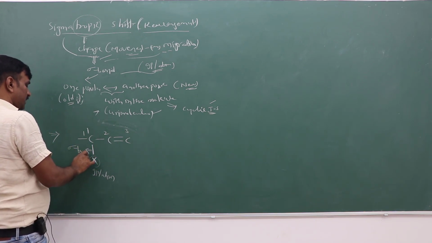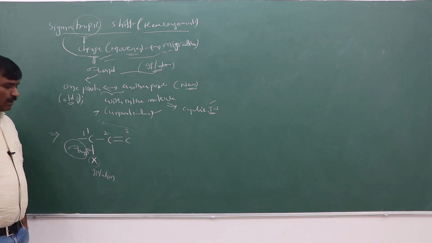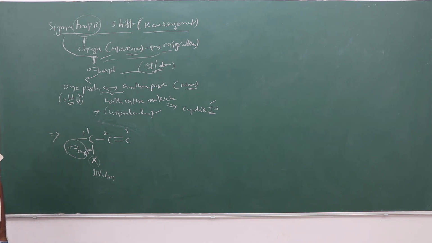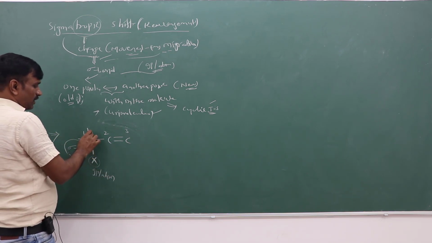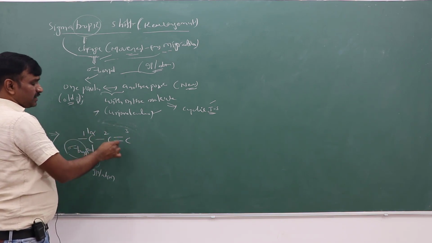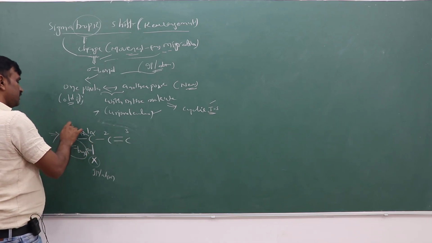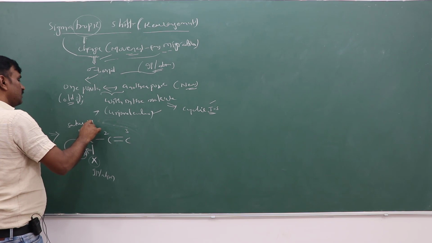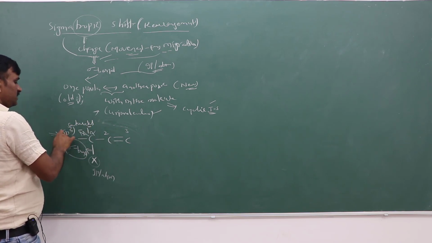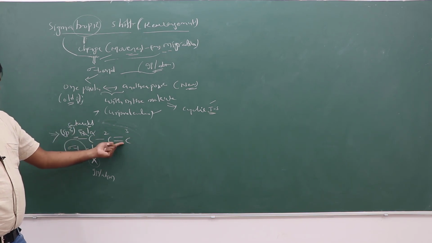How can you identify the migrating sigma bond? Take the conjugated, unsaturated molecule. Take the alpha position nearer to the unsaturation. This alpha position is always a saturated position, meaning an sp3 carbon, adjacent to the unsaturation.